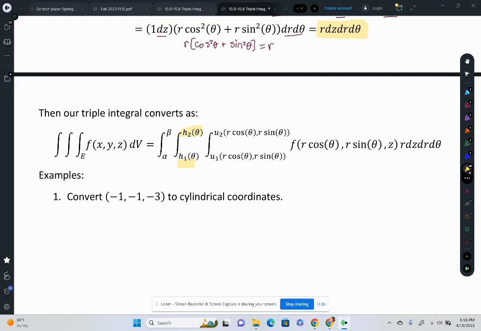So it could be that r goes from a constant to a constant, but r could also go from a function of theta to a function of theta. Whereas theta in this particular case is going from alpha to beta, where those are just constant radian values. Now, of course, any one of these could just be constants, and we could switch the order depending on which variables are functions of other things.